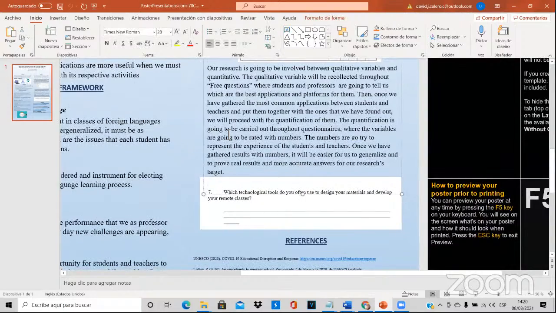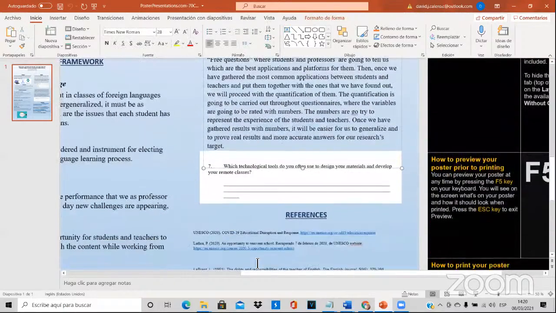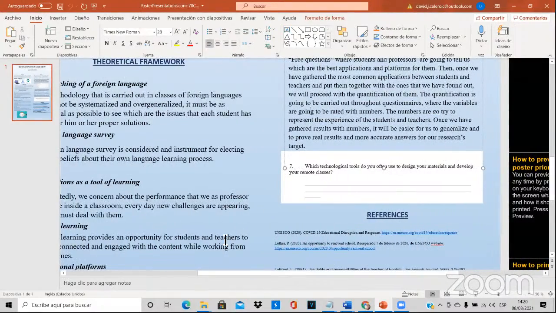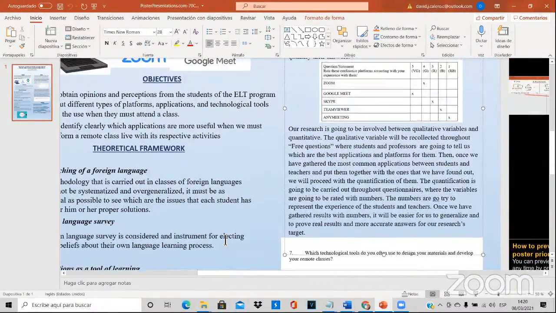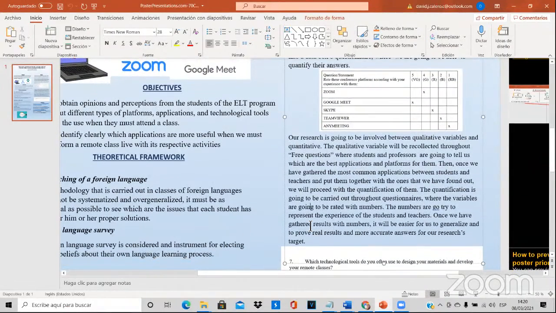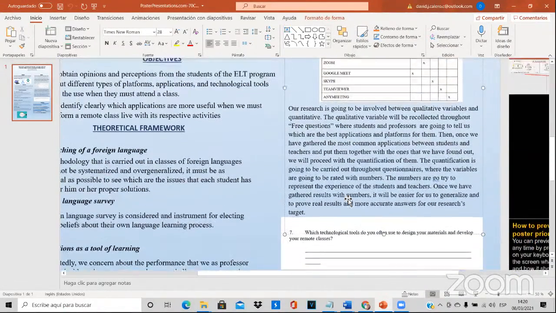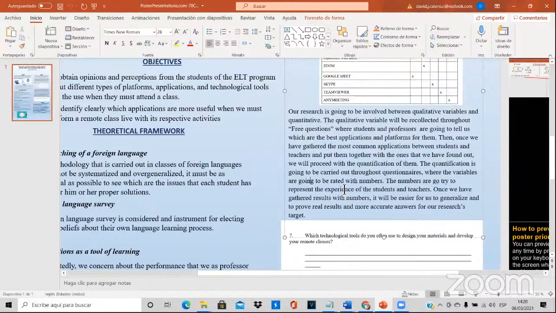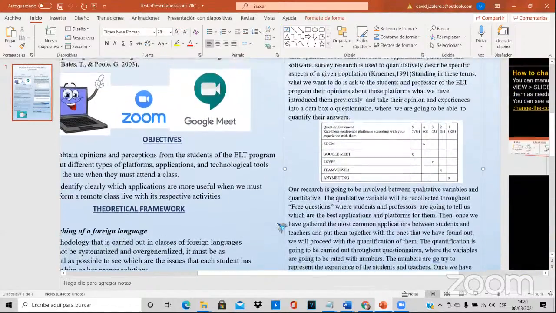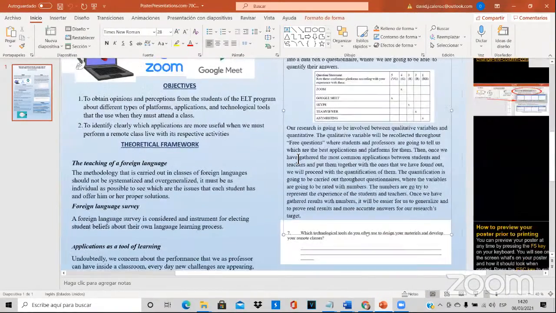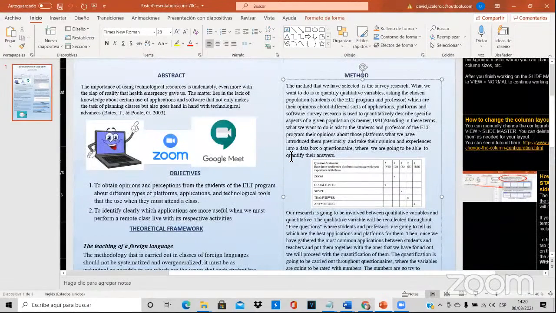With this procedure, we pretend to reach the objectives that we have set. So that's what we have so far. And this is how we did the poster.